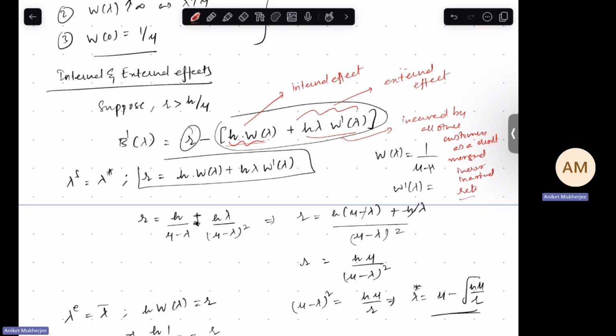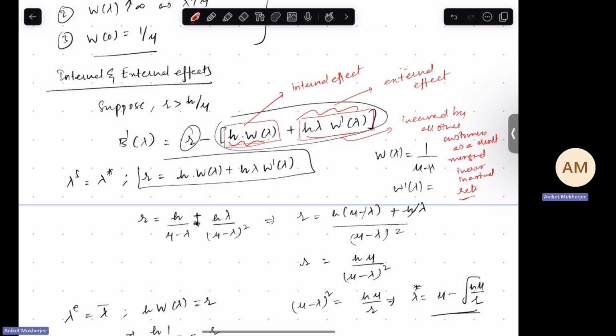So because of a customer choosing to join the queue, there'll be a marginal increase in the arrival rate, and the waiting cost that all the other customers have to pay because of that is denoted by this term.